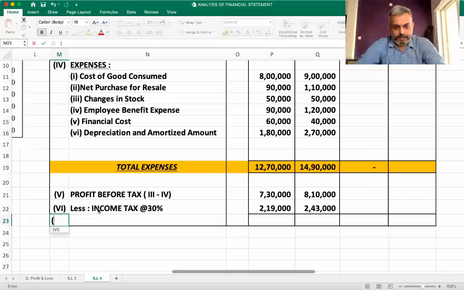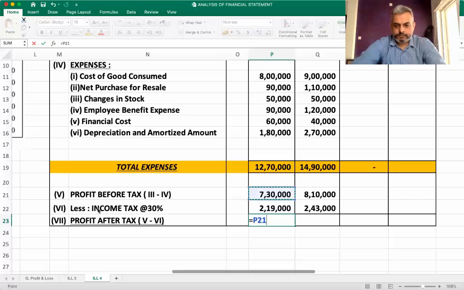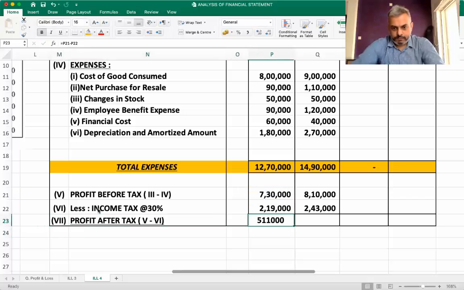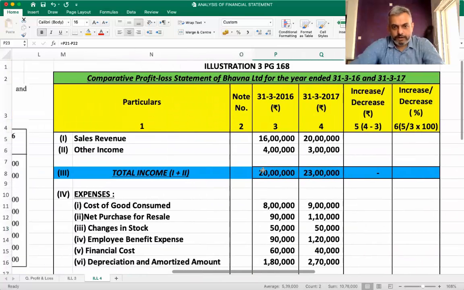And then finally profit after tax, 5,11,000 and 5,67,000.